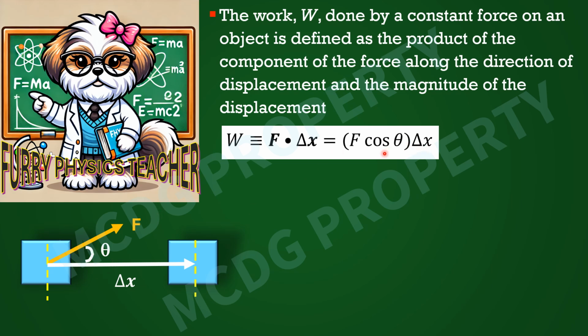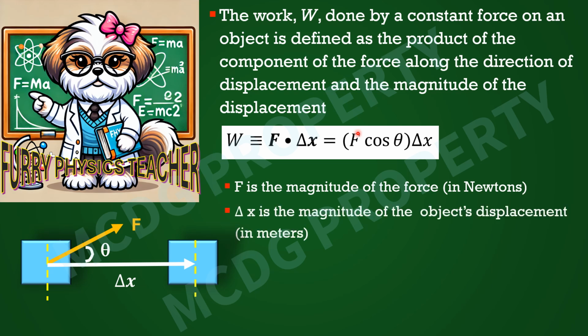Theta is the angle between the force and the direction of motion. Again, F here is the magnitude of the force given in newtons. Delta x is the magnitude of the object's displacement in meters. And theta is the angle between the force and the displacement delta x.